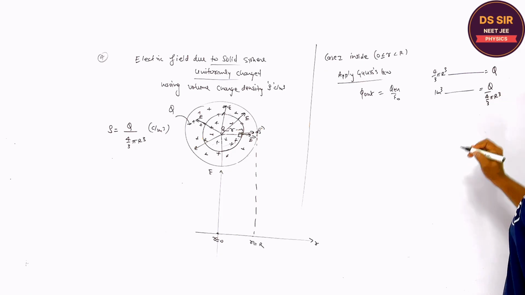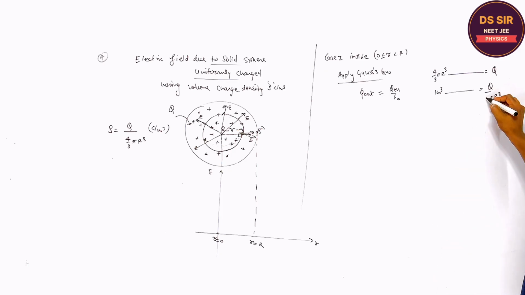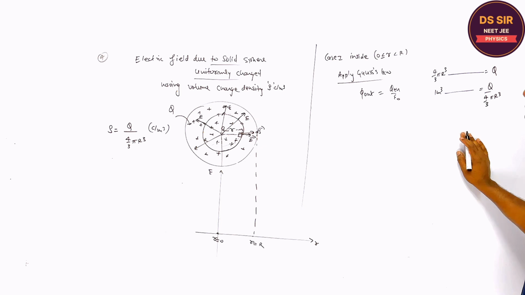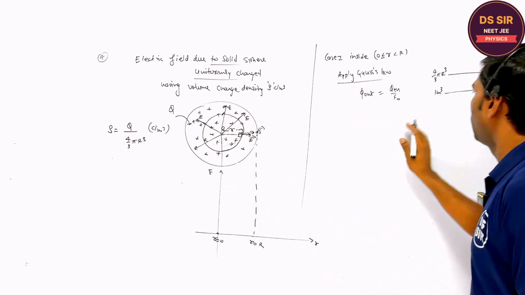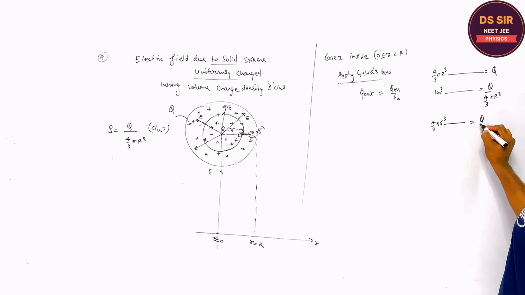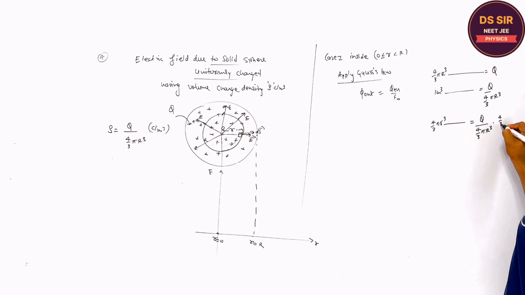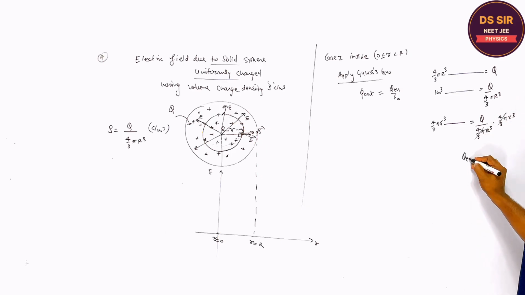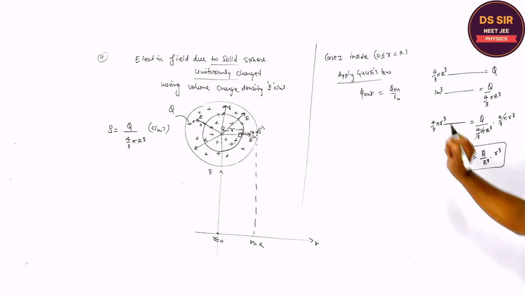Now the volume of the Gaussian sphere is 4 upon 3 pi small r cube. The 4 upon 3 pi cancels out, so the enclosed charge is nothing but Q upon R cube into r cube. Is it clear or not, Ethan? Right, so this is the enclosed charge.